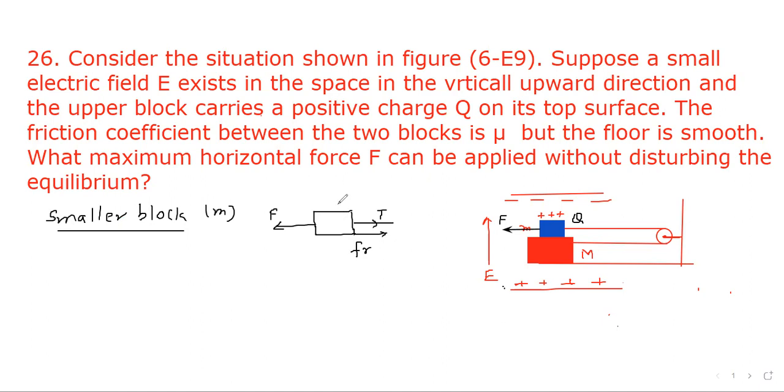So friction in this direction, there is its weight mg, and here this is normal. In addition, since there is positive charge Q here and electric field is in upward direction, there will be one force in upward direction that will be equal to QE.